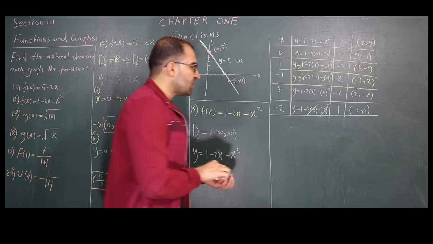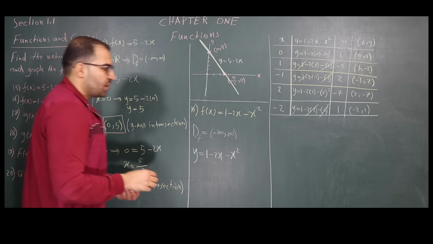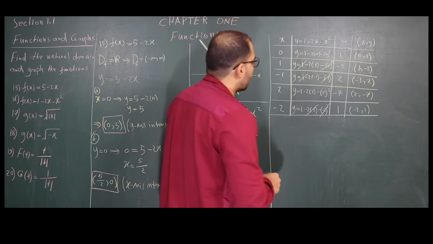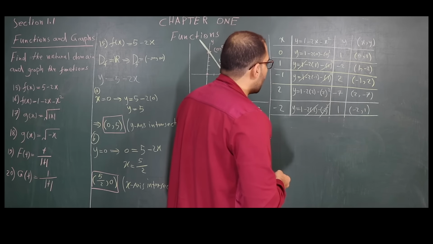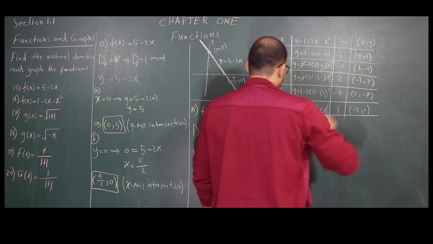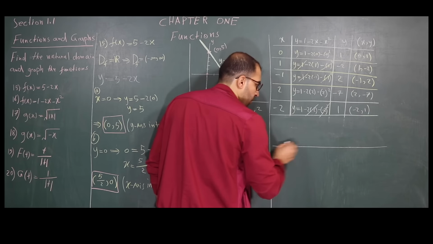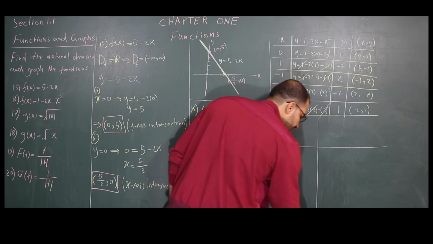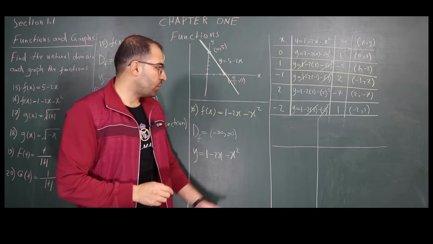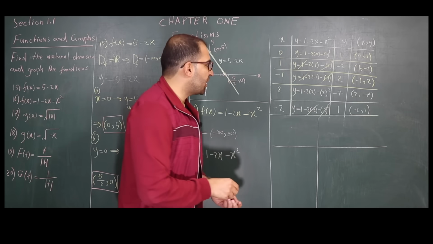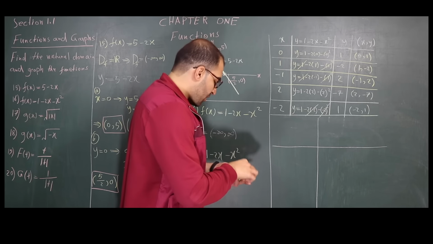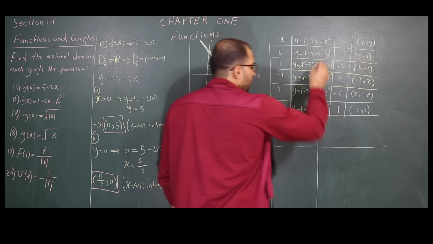okay, we're going to plot these points. I think the highest one is just 1. I think if you have a grid paper, your plot will be clearer than mine. I'm going to plot the points 0, 1.